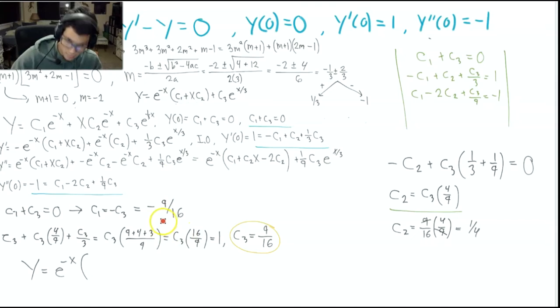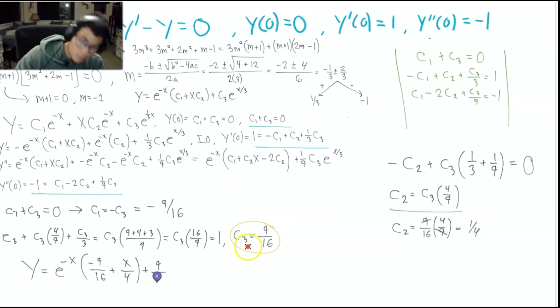C1 is negative 9 over 16 plus C2, that's x over 4. And this is C3. C3 is plus 9 over 16 e to the x3. Okay, thank God. That's a lot of work for one problem.